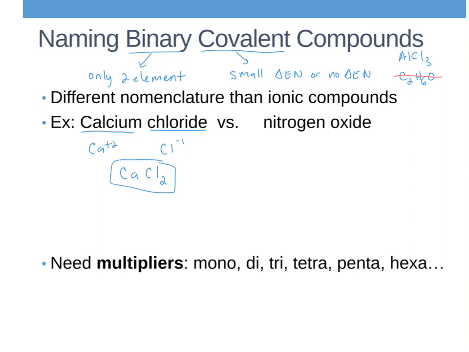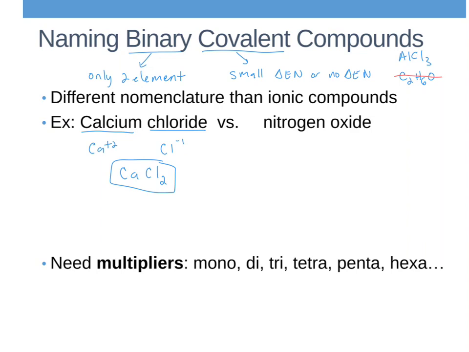Now, what's different about covalent compounds like nitrogen oxide is that they're not charged, so I'm not trying to match charges to make a formula. We're not going to get into how these bond; that'll be for a future discussion, but it's more complicated with covalent bonds. There's lots of different ways that something can bond.